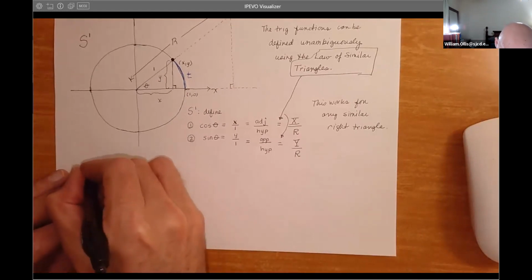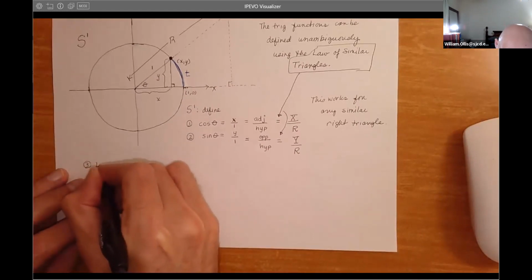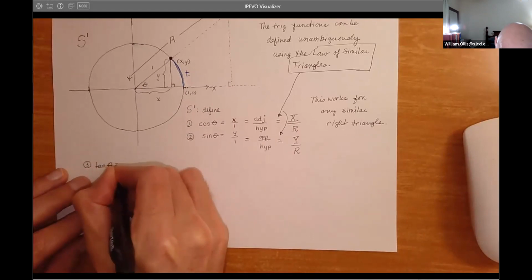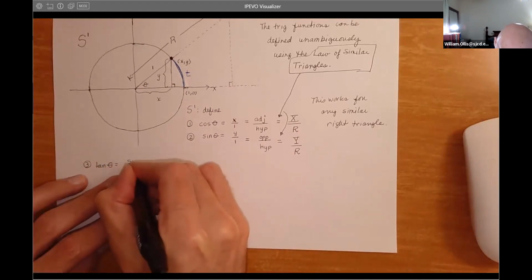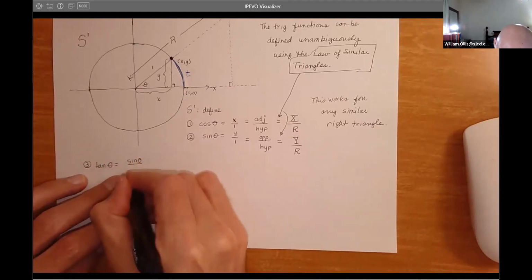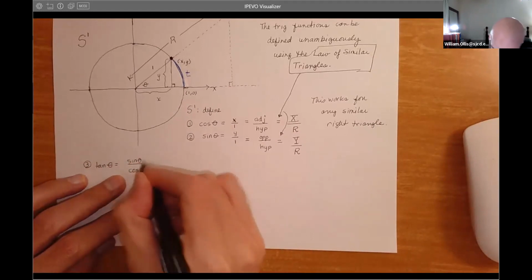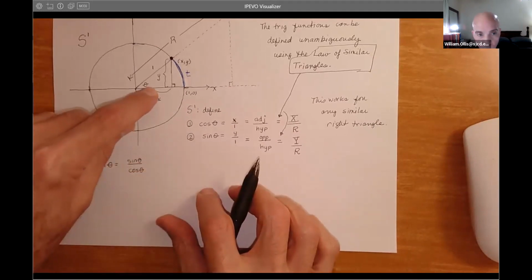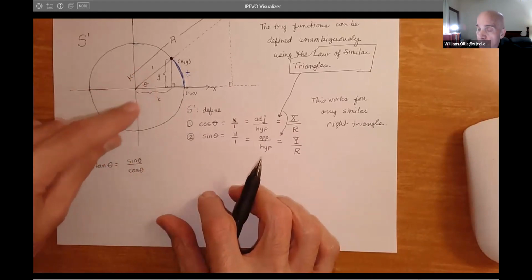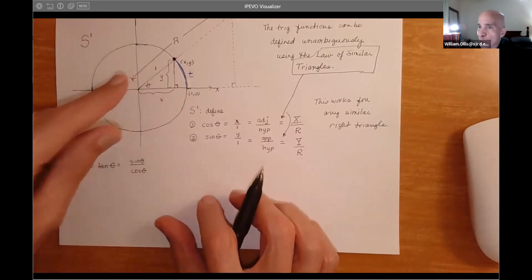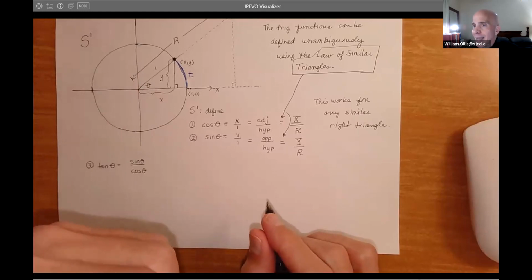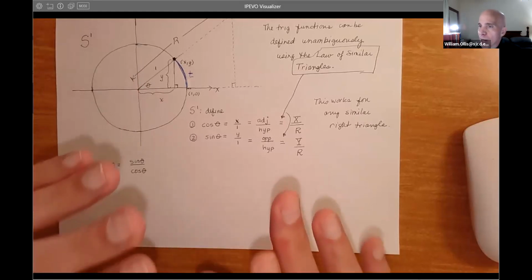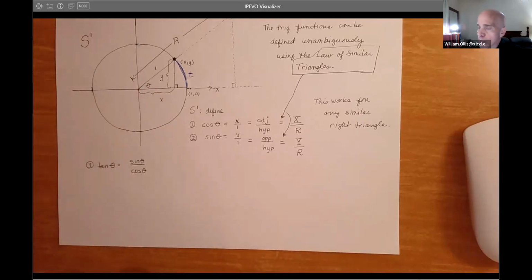We can now do tangent theta, by definition, is sine theta over cosine theta. And of course, now theta can run through all positive reals and all negative reals, just like t. So theta replaces t and gives us the domain that we're accustomed to from the unit circle.